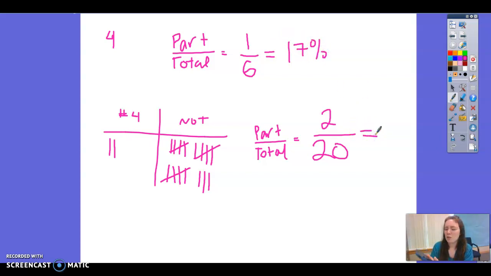And let's do 2 divided by 20. 2 divided by 20 equals 0.1. We have to move that decimal 2 spaces, so it is 10%. So our experimental probability was actually lower than our theoretical probability.